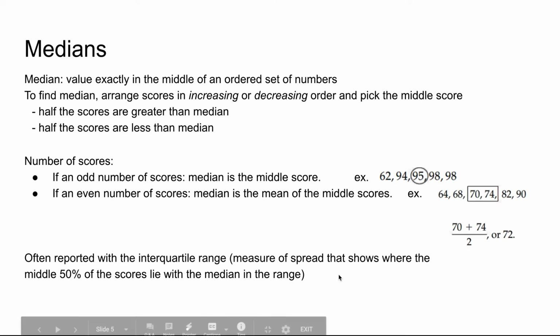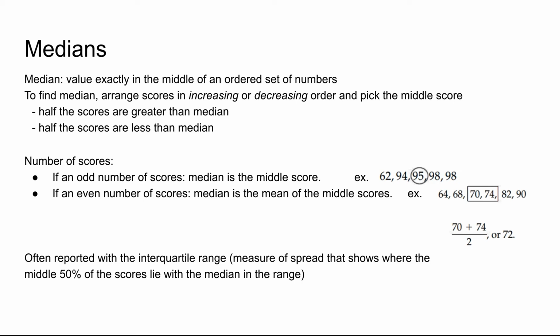Okay, and I have marked here often reported with the interquartile range. So later we're gonna talk about the interquartile range. To find the interquartile range, the median is heavily used, and we indicate that as Q2.